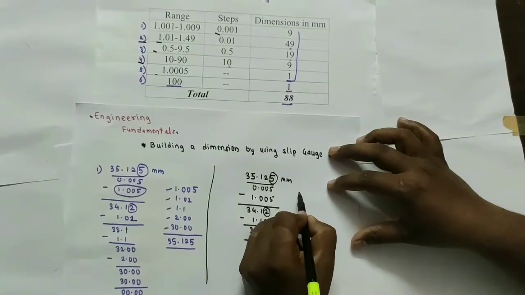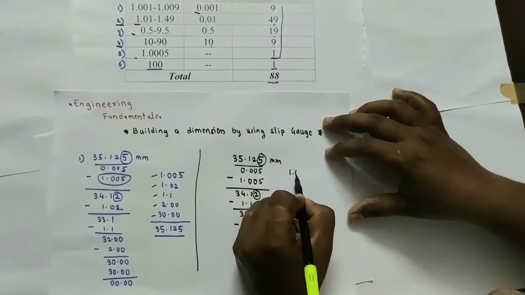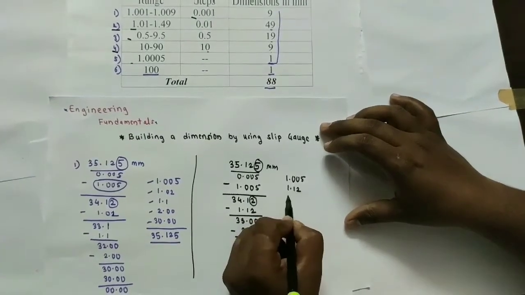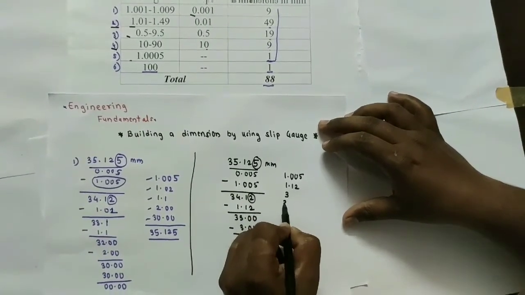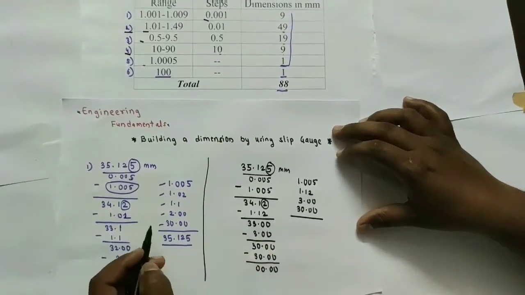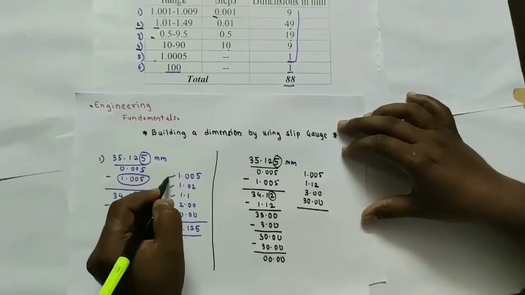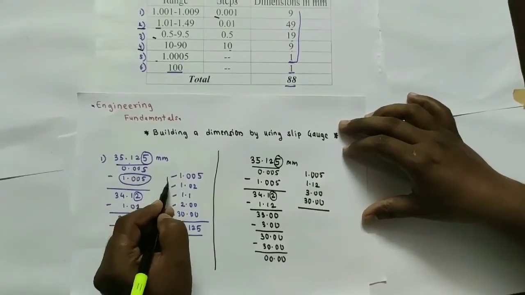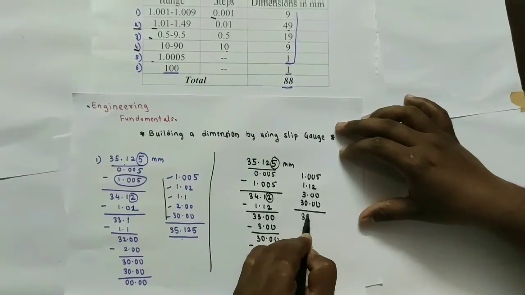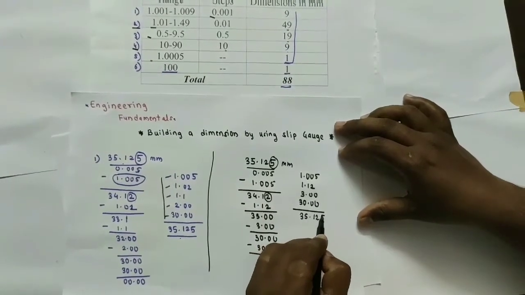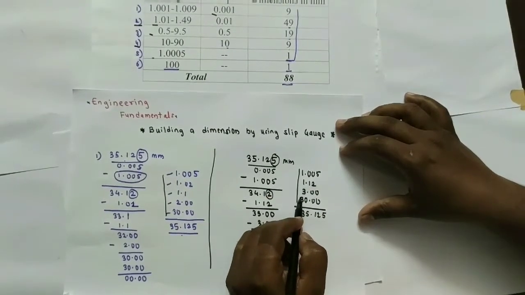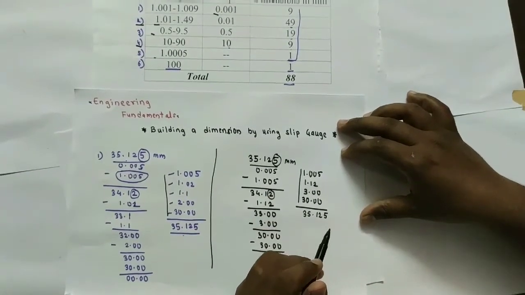So the slip gauges used are 1.005, 1.12, 3 and 30. So in the normal set, we require 5 slip gauges to build this dimension, and in this special set we get 4 slip gauges to build the dimension.